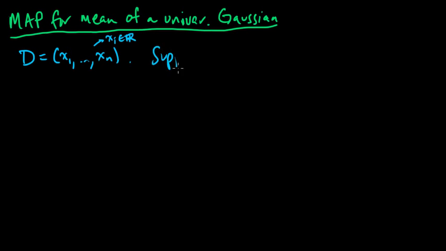The first step was to assume some data. The second step is to assume a joint distribution on a parameter theta and the data.